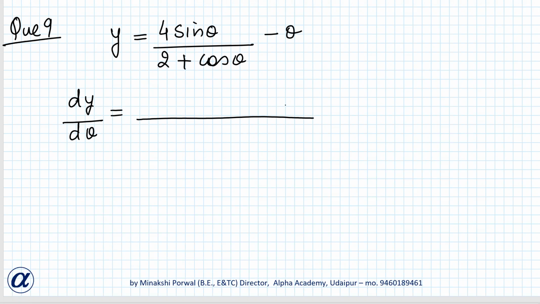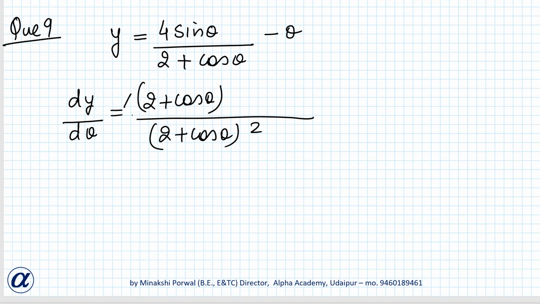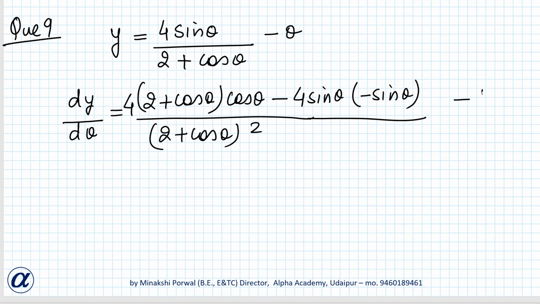Here, for the first term, it is of u upon v form. So denominator square, denominator into d by dx of numerator. d by dx of 4 sin theta will be 4 cos theta, minus numerator into d by dx of denominator, d by dx of 2 plus cos theta will be minus sin theta, and dy by d theta of theta will be 1.